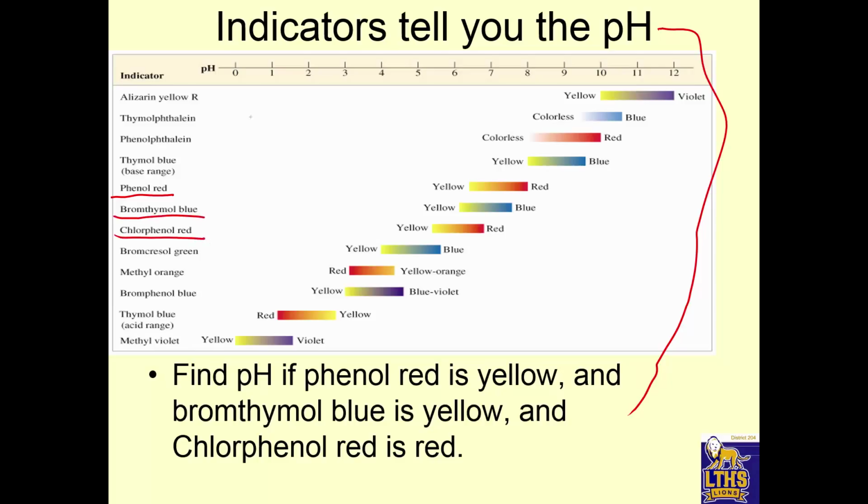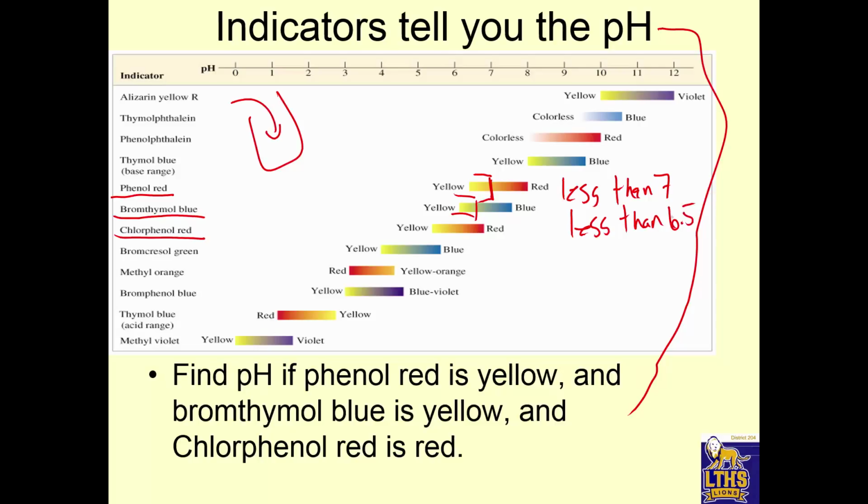So what happens is I have a sample, and I drop it in these things, and I look at the color. If phenol red is yellow, that means the pH is less than 7. If bromthymol blue is yellow, that means it's less than 6.5.